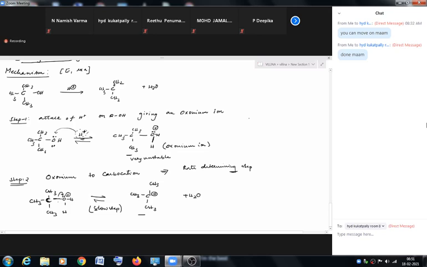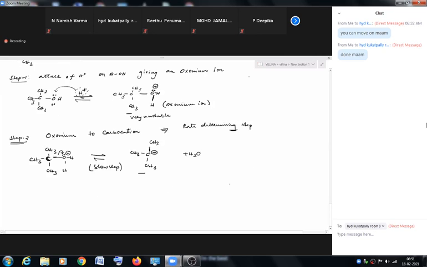So in the next step we will be removing a H plus from the carbocation, so that we will end up having a particular alkene. So step 3 will be regeneration of H plus or removal of H plus, because we have to maintain a balance, right?